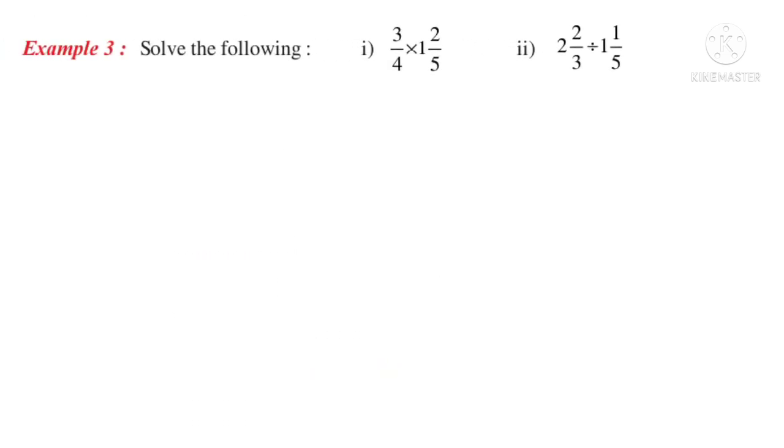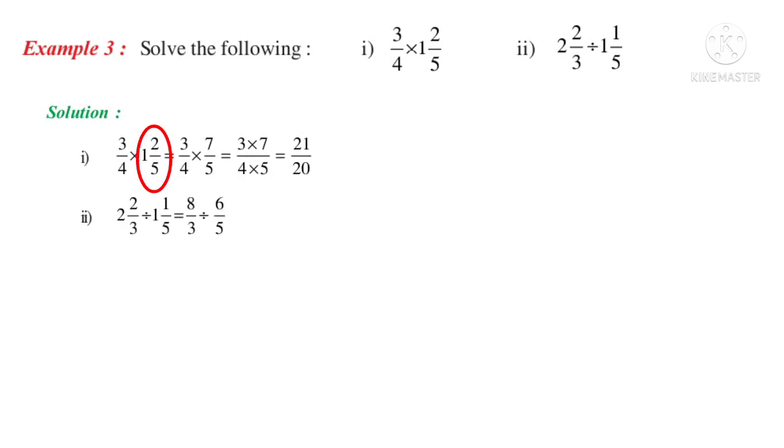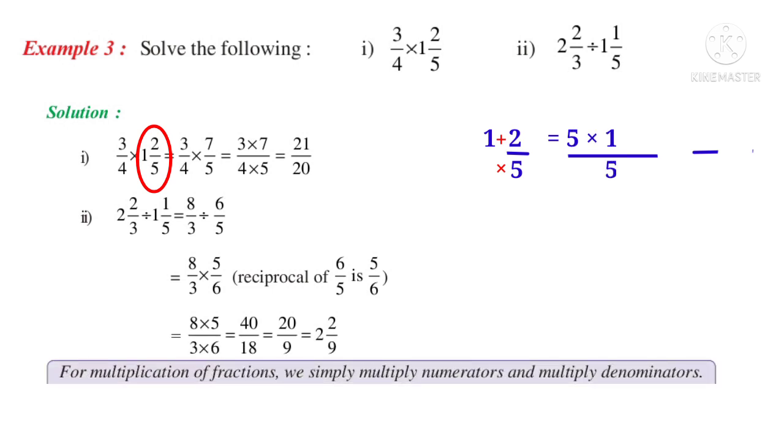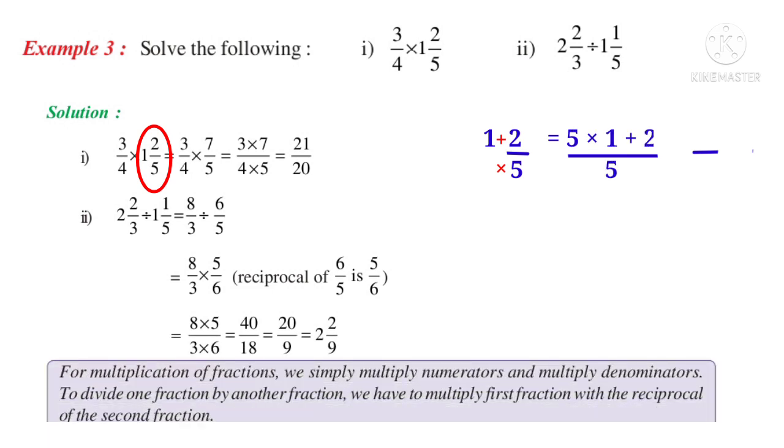Now let us take example 3. Solve the following. 1: 3 by 4 into 1 2 by 5. Here observe that 1 2 by 5 is a mixed fraction. Let us convert it into improper fraction as 5 into 1 plus 2 in the numerator by 5 in the denominator. 5 into 1 is 5 plus 2 is 7, 7 by 5.